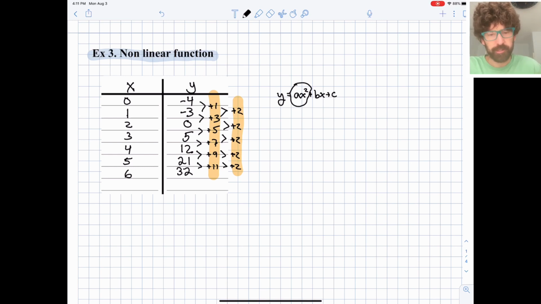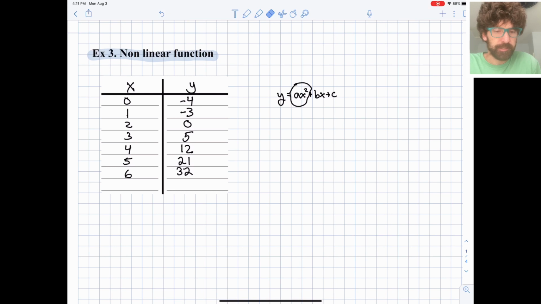I'm going to erase some of this to make things a little bit easier for us. What we're really looking for now is a rule that takes a 0 and turns it into a -4. And it needs to be the same rule that turns a 1 into a -3, a 2 into 0, etc. So we're looking for one consistent rule that works for all those conversions from the x's to the y's.